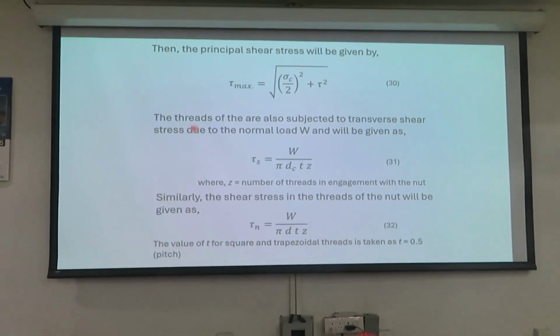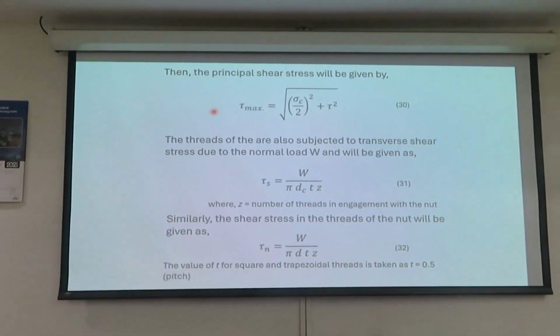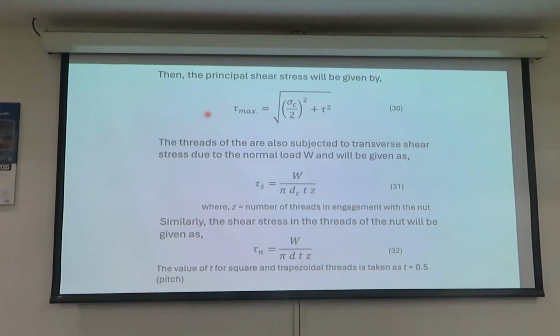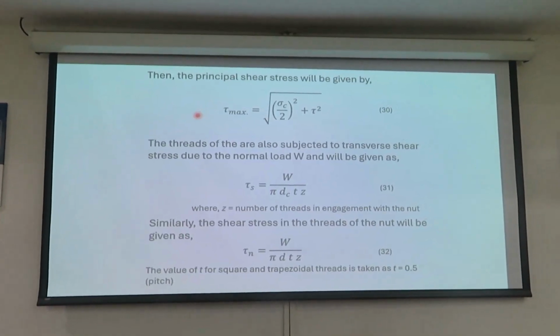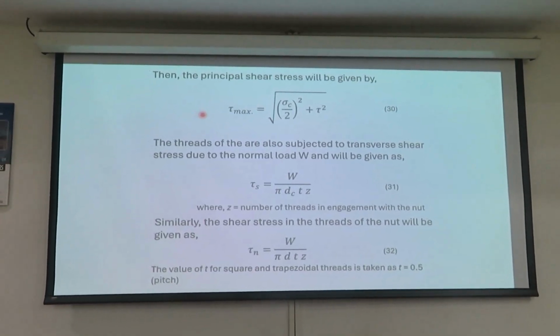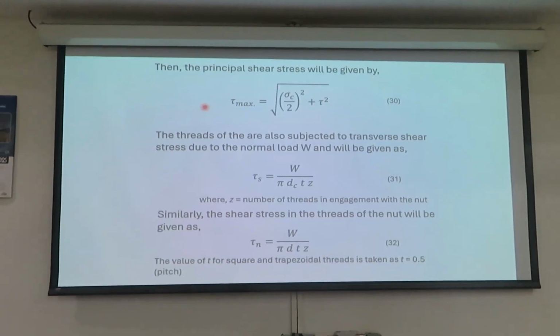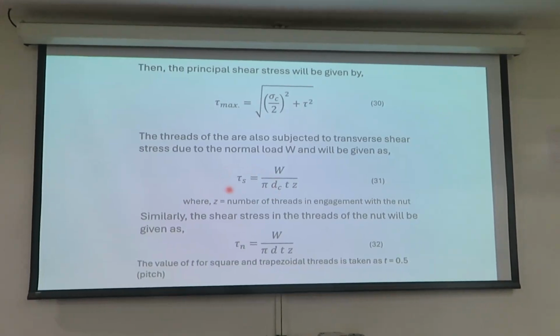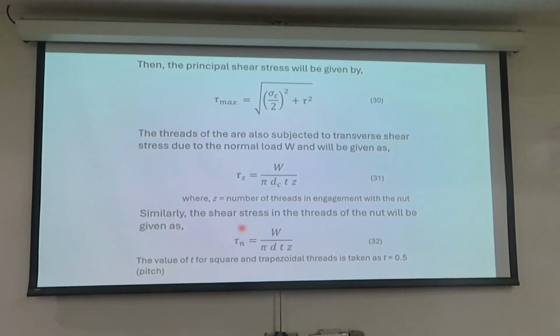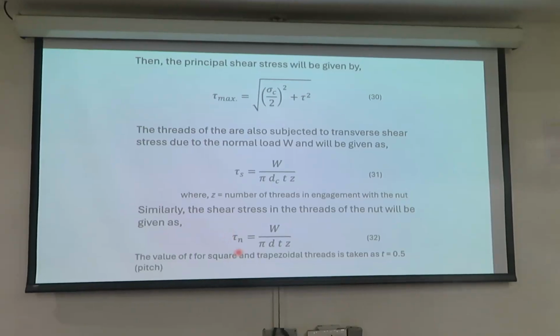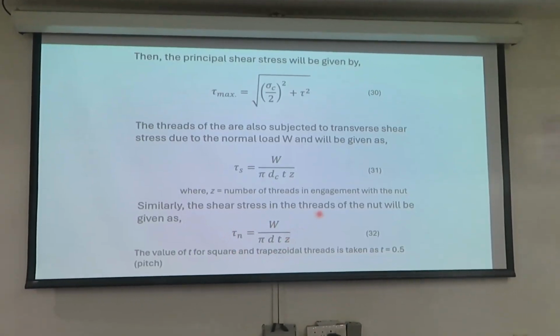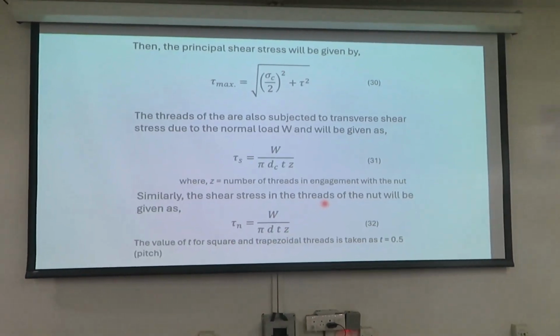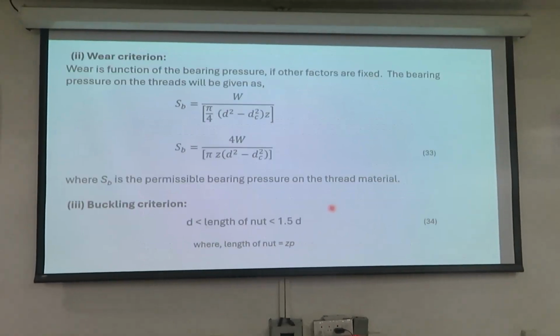Then the maximum shear stress must be lower than the allowable shear stress. Similarly, shear stress in the screw thread and shear stress in the nut thread also have to be calculated, and then compared with allowable shear stress.